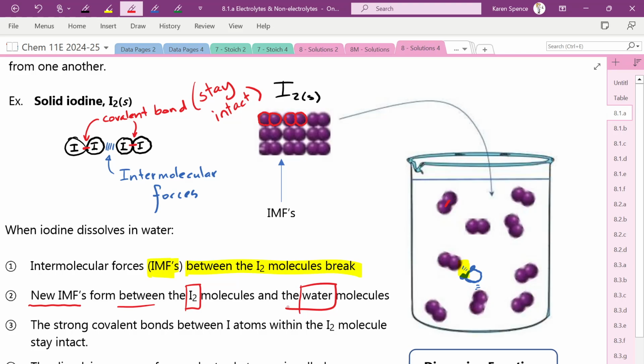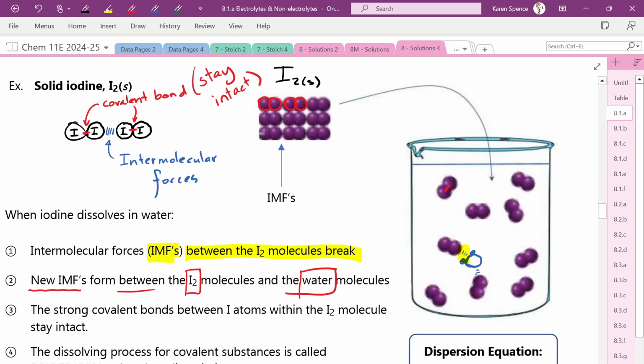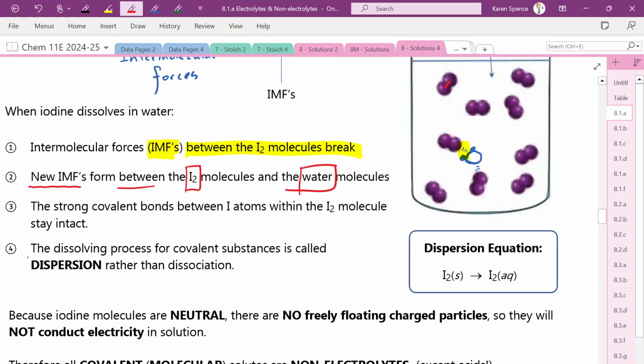And we don't call this process dissociating, we call it dispersion or dispersal. So if I said to you, okay, school's over, disperse, what would you do? You would all scatter in all directions, yes?